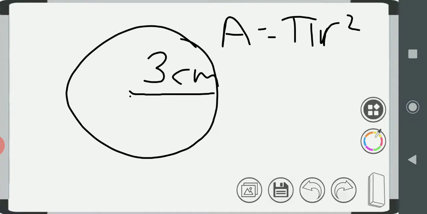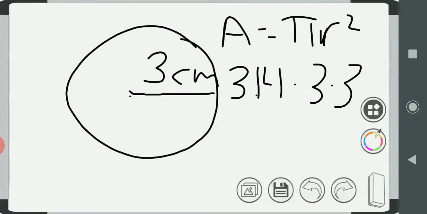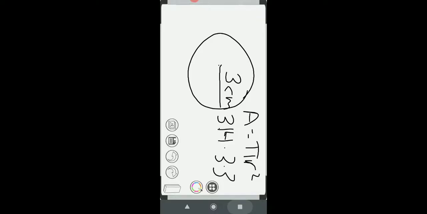So here we have 3.14, that's what I'm going to use for my pi, times 3, and in this case 3 again because I'll be using my calculator on my phone. All right, so let's switch over and you can see calculator on phone, okay?